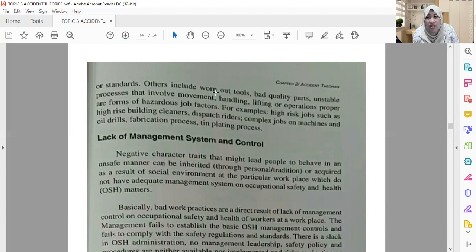And unstable processes that involve movement, handling, and then we have lifting or operation proper are forms of hazardous job factors. Okay, so even when we are lifting, right? We lift things, you do not purposely just lift it without watching your posture or body.